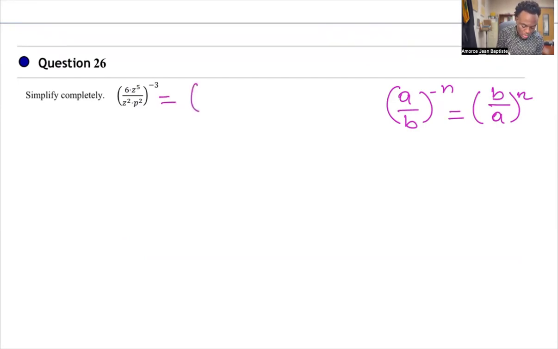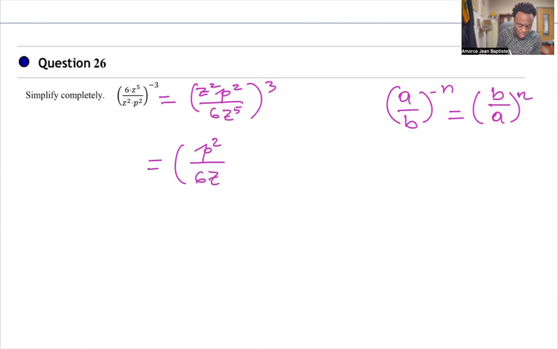So that is z squared p squared over 6z to the 5, exponent 3. And then we can simplify because we have z squared and z to the 5, we would have z to the 3 in the denominator. So that is p squared over 6 z to the third, exponent 3.